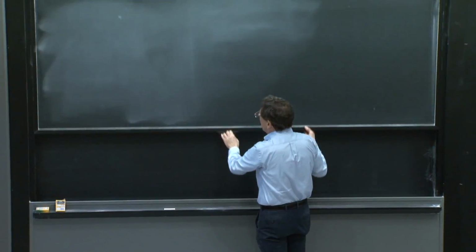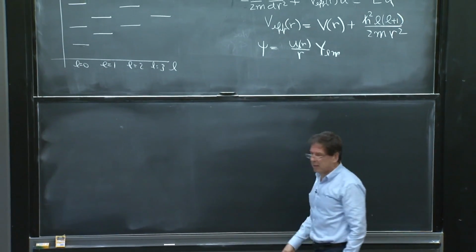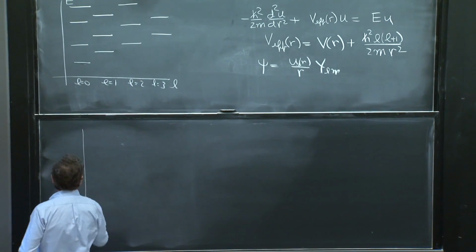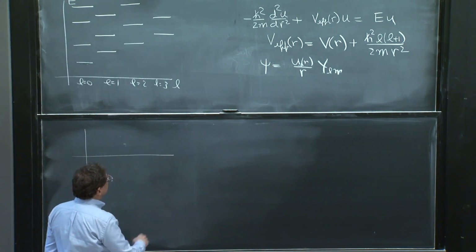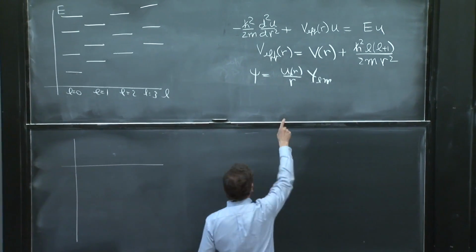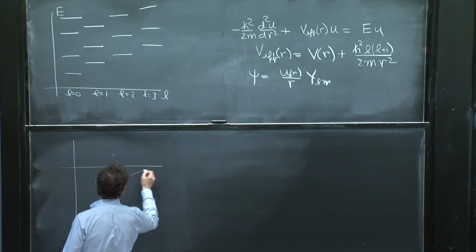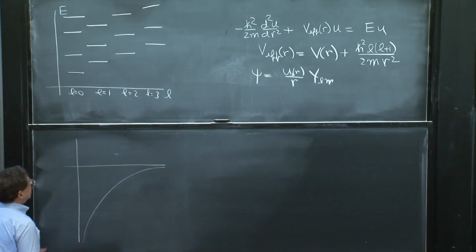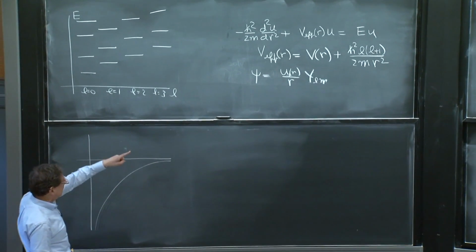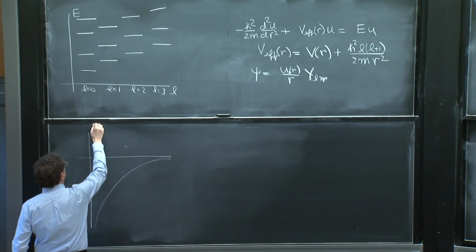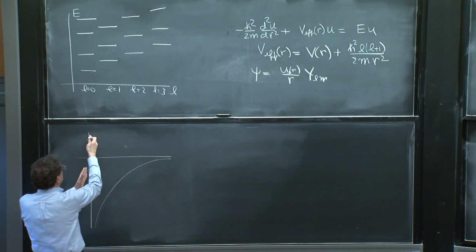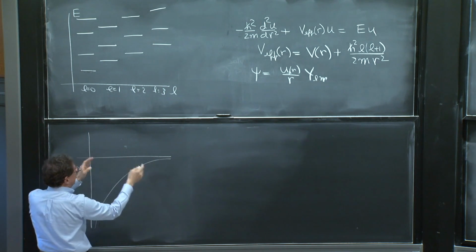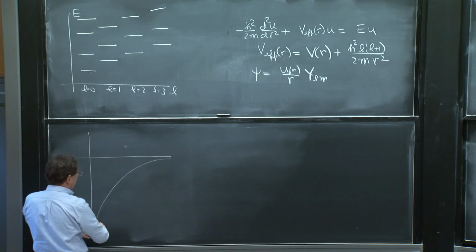So we were doing this for the hydrogen atom last time to try to understand the various orbits. And we had, for the hydrogen atom, V of r was a potential like this, minus e squared over r. And then you have sometimes the L contribution, that function diverges towards the origin, 1 over r squared. And by the time you add them together, this is the original potential.